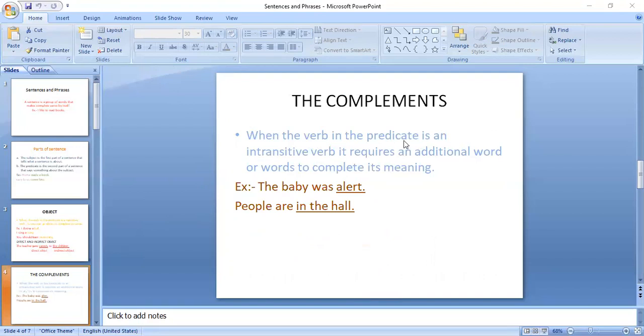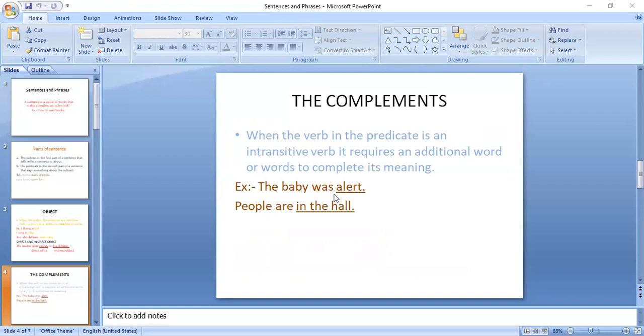What is an intransitive verb? Intransitive verbs are those which do not have an object.